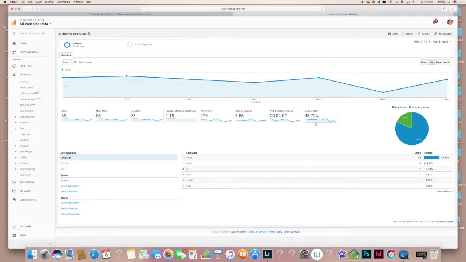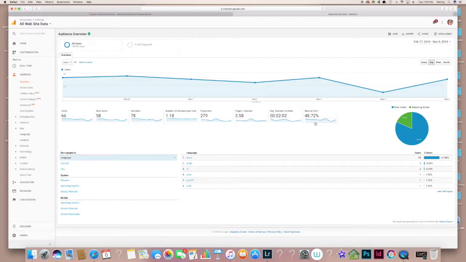So in this case, 48.72%, so let's just call it half the people bounced off, the other half stuck. If you're looking for what are the good numbers, 25 to 40% is a really good bounce rate. 41 to 55, so that range that I fall in there is average.